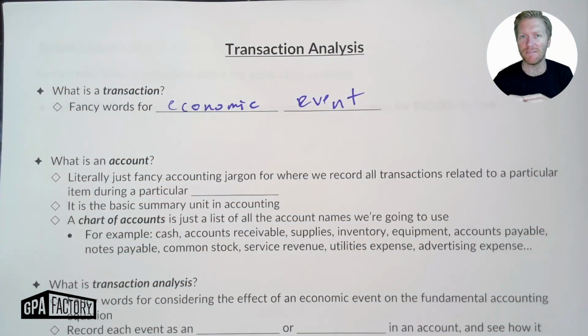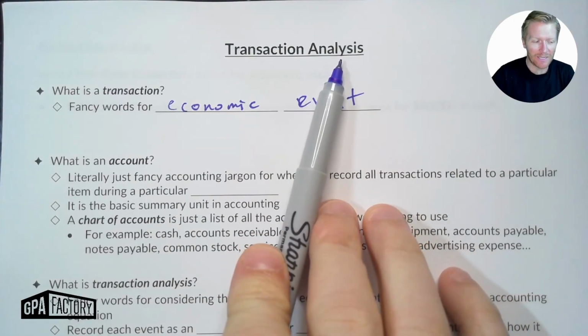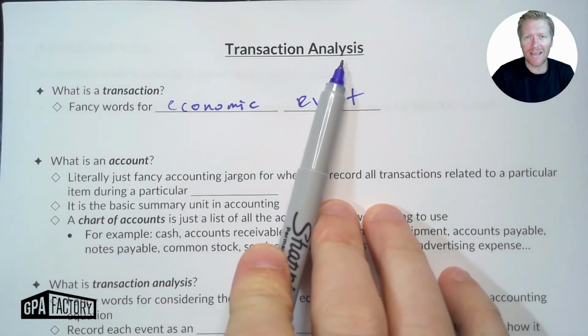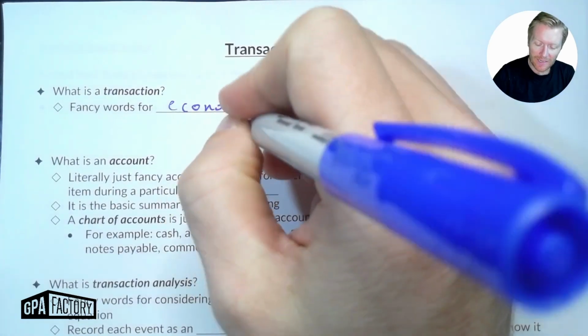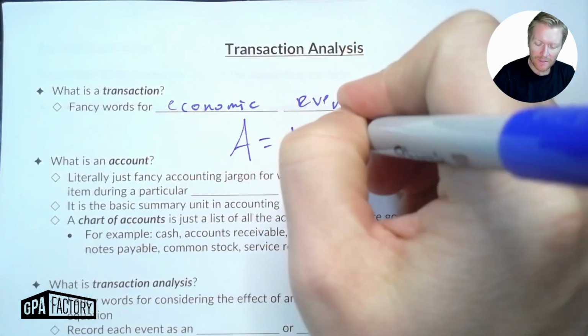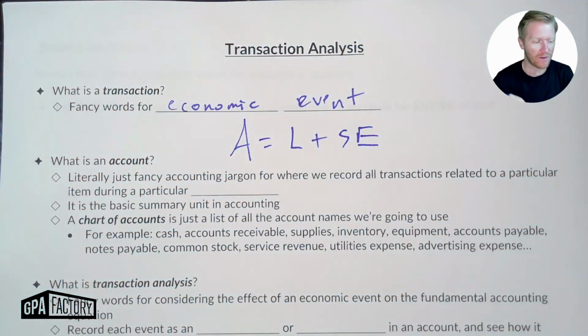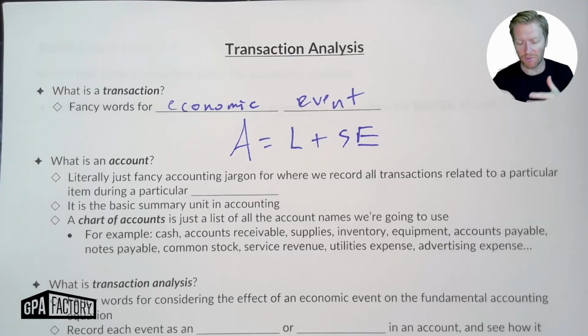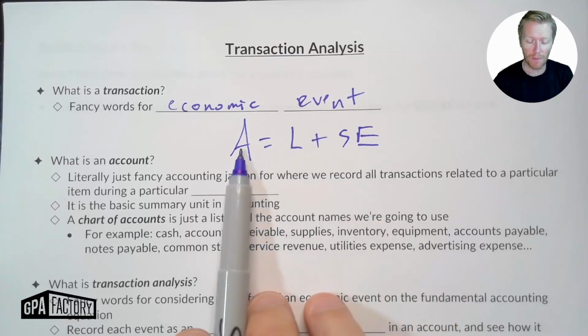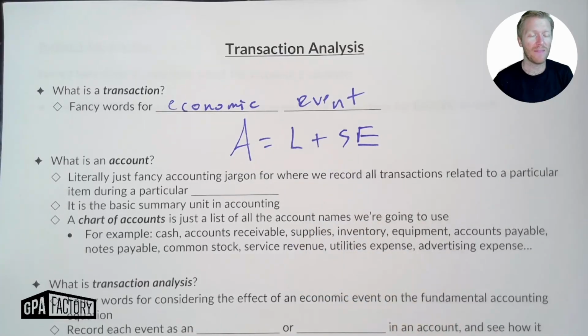Some economic event happens. As an accountant, what do we do? Well, we are going to analyze it, we're going to look at it, and we're going to consider what happened to our fundamental accounting equation. The way that I like to do this, everyone's method is a little bit different, is I write out my fundamental accounting equation and then do a lot of arrows.